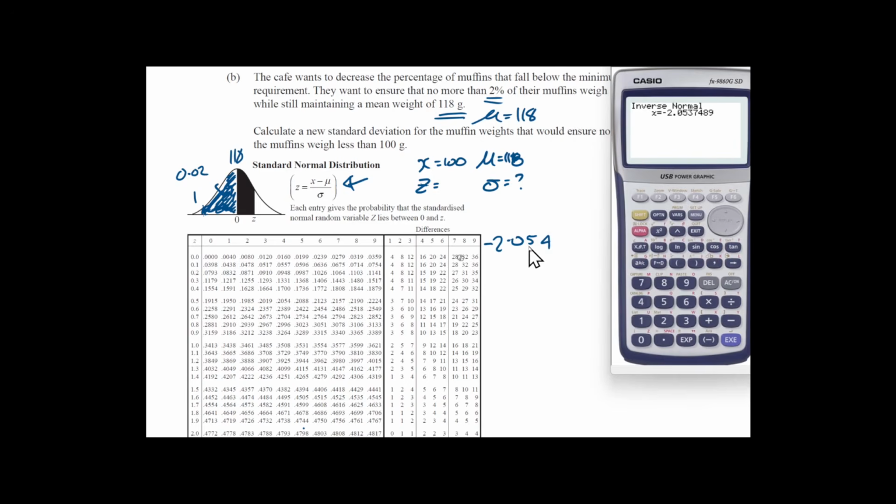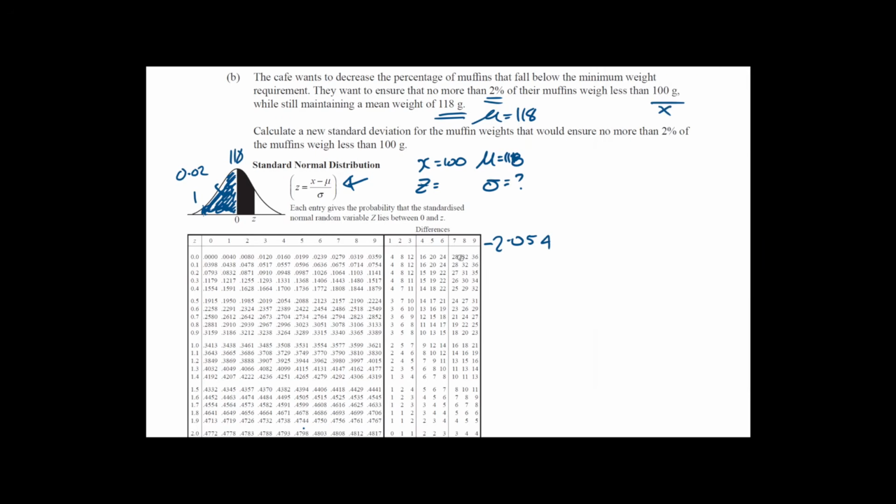Negative 2.05, and here we have it more precisely, 374. I'm going to use this number because it's the same number to 3 decimal places. So we know that z is going to be minus 2.054.